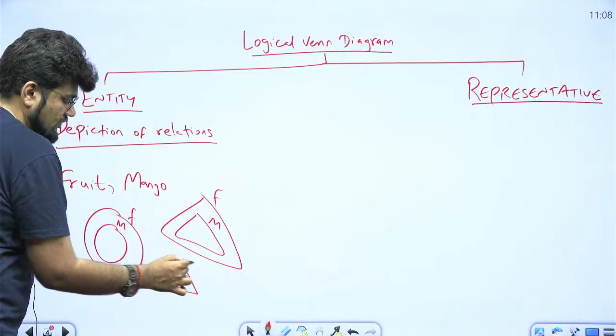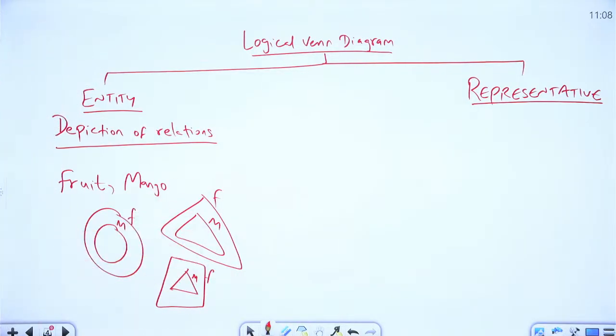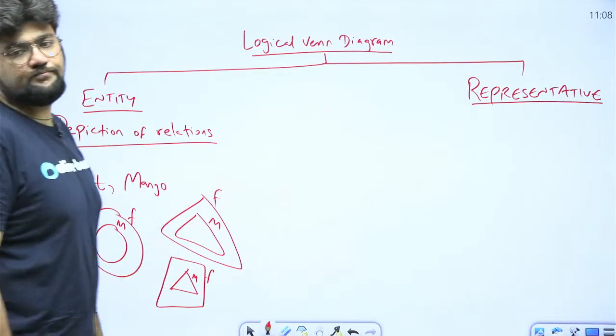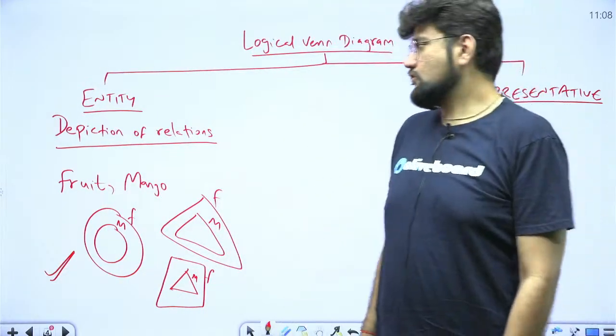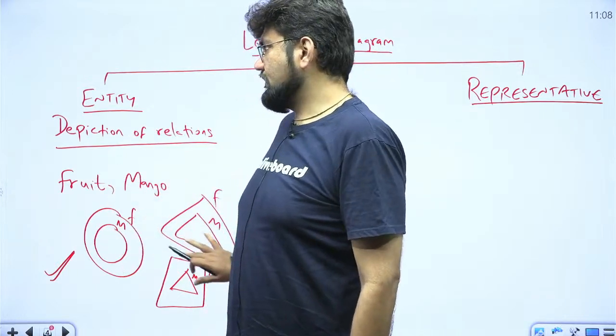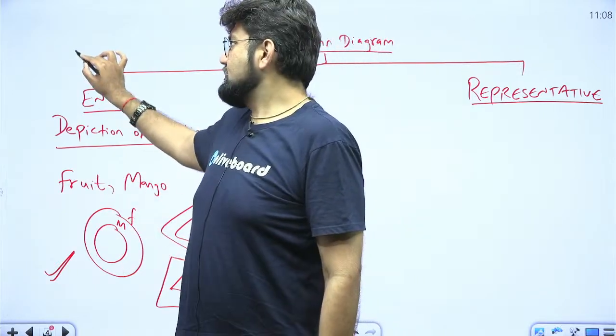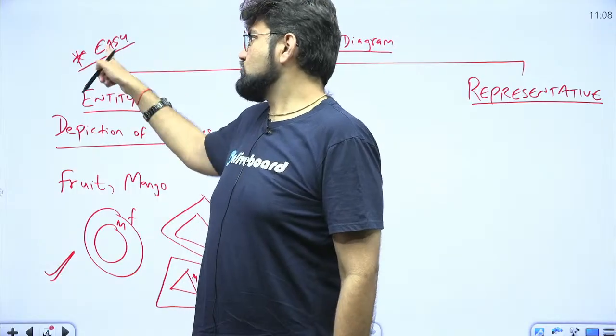Mangoes are fruits. This is mango, this is fruit. Either of them is correct. We most commonly use this one, but these are also correct, not a problem. So you studied the relationship between them and you plotted that in the form of a Venn diagram. This is the easiest way a question can be asked to you.